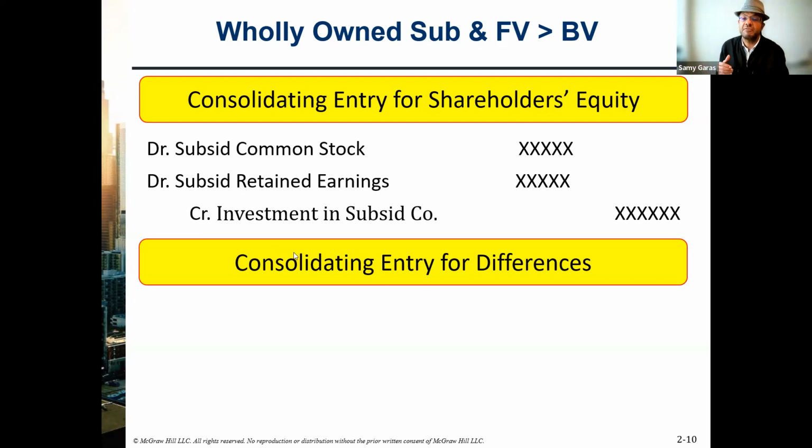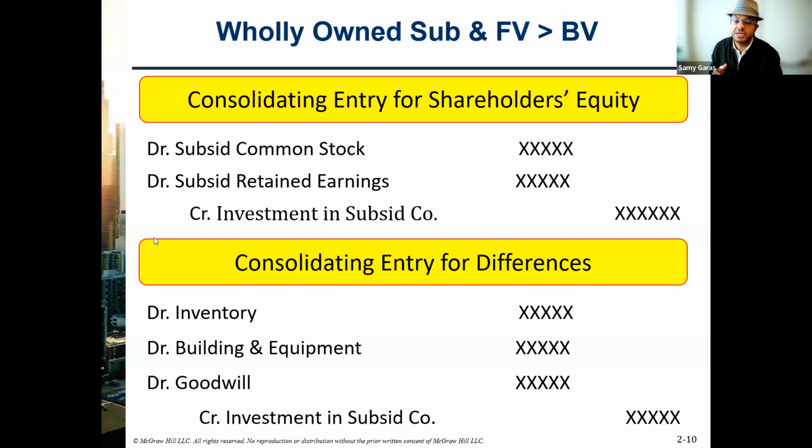But here we have a new journal entry that we didn't have in chapter 2, which is consolidating the differences together. We debit all the assets that will be mentioned in the exercise. So we debit inventory, building, goodwill, and we credit the investment. This journal entry, we didn't have it because in chapter 2, the investment was equal to the book value.